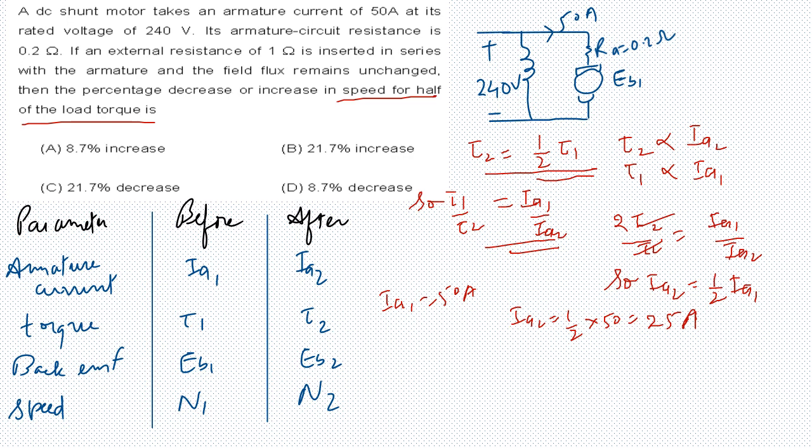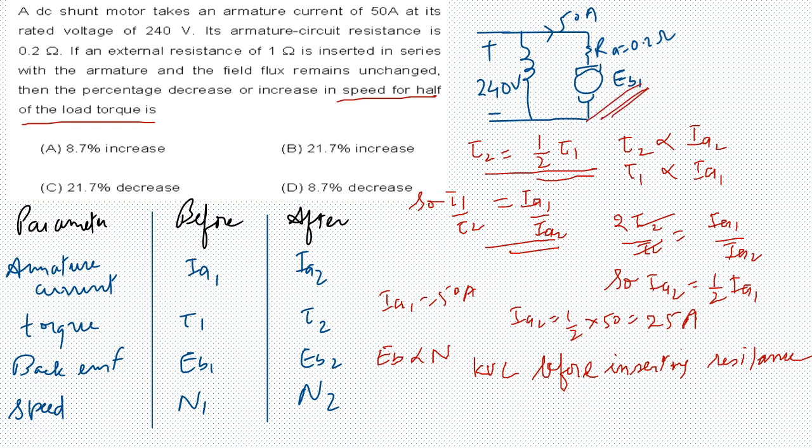Now we need to find a relation between our speeds, and that can be done by using our back EMF, because EB is proportional to N. So we can use KVL before inserting the resistance, with the help of this figure.